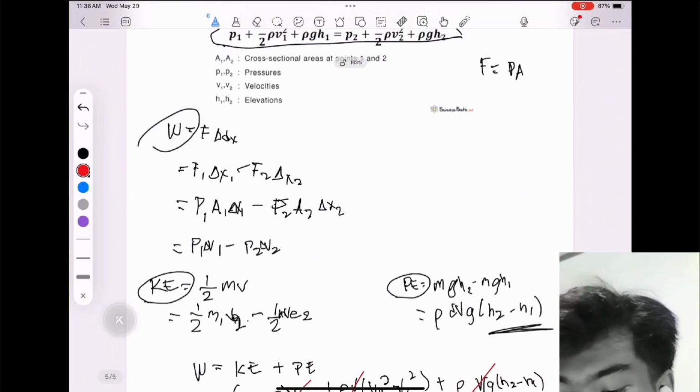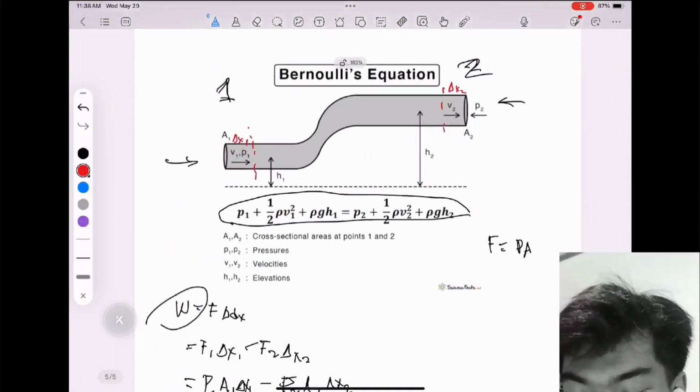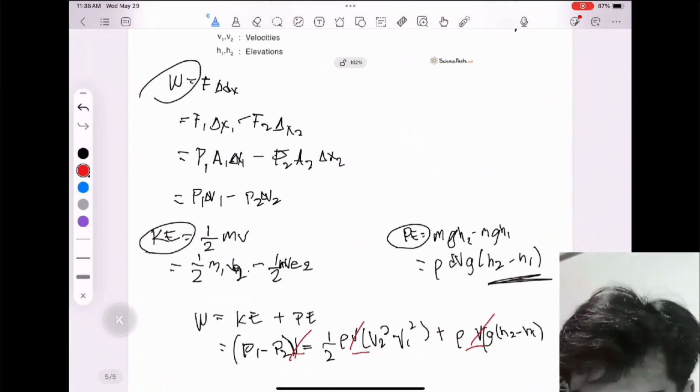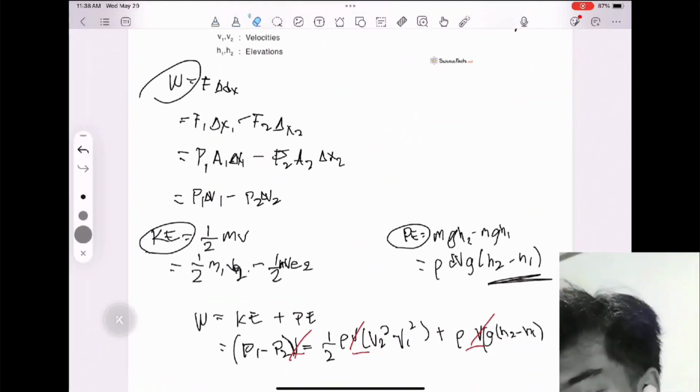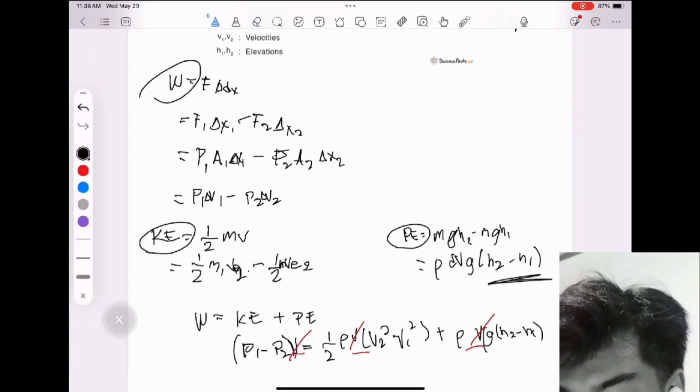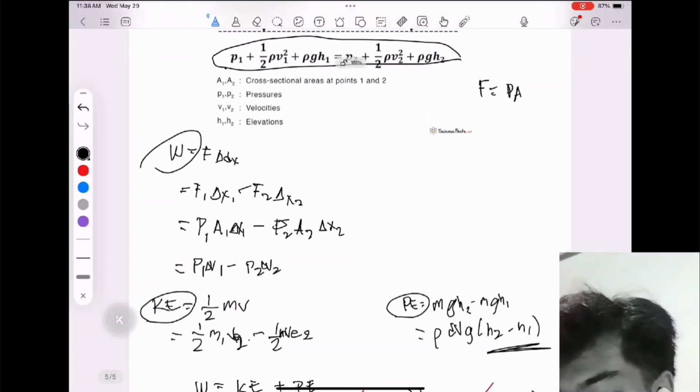Ang pinagkaibahan lang, in-equate sa dalawa, pinag-equal yung dalawa, from the formula na work 1 is equal to work 2.